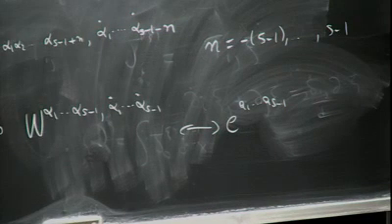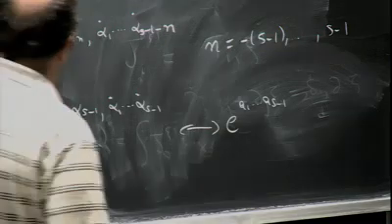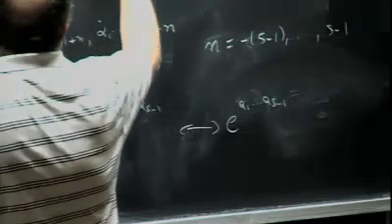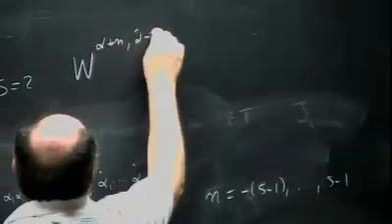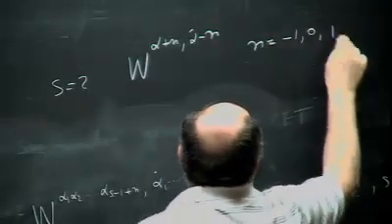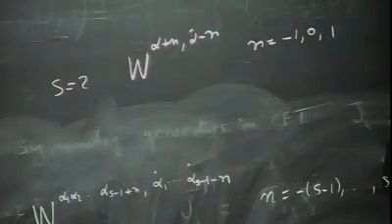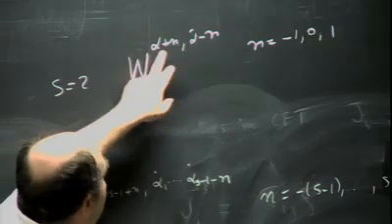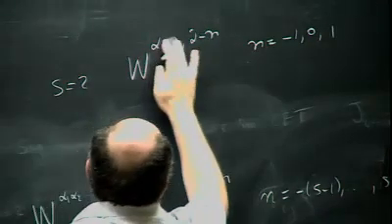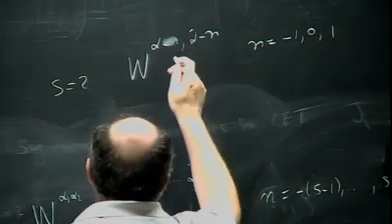For spin 2, we have just alpha plus N, alpha dot minus N, with N equal to minus 1, 0, and 1. 0 is just the Wilbein, E alpha alpha dot.